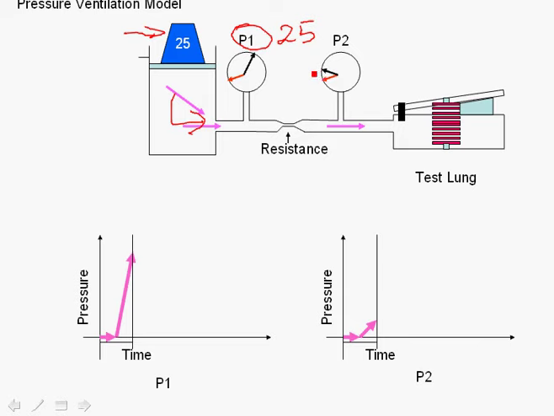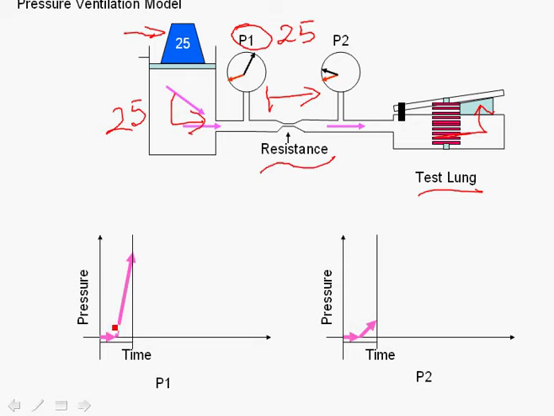P2 is going to be a little bit lower initially, because we need a pressure gradient from P1 to P2 to get flow past this resistance. P2 reflects the amount of distension of the spring we have in our test lung. So just like with volume ventilation, except now instead of putting across a certain volume of ventilation, I'm creating a certain pressure on the ventilator side of the equation.